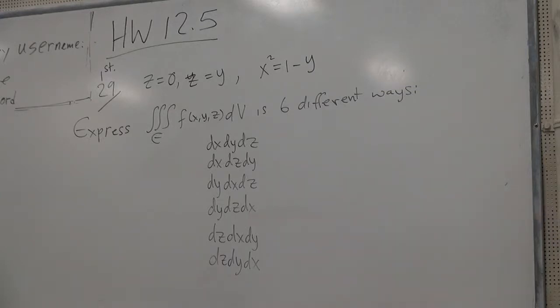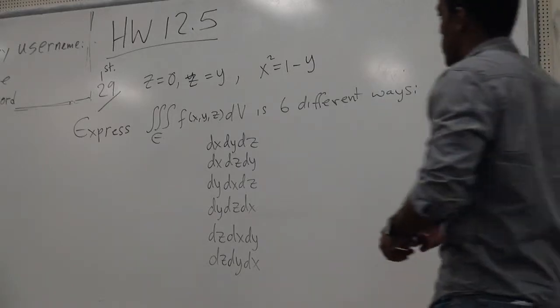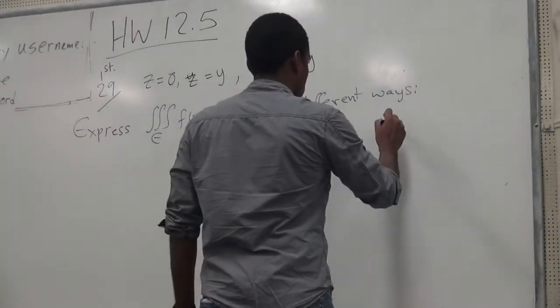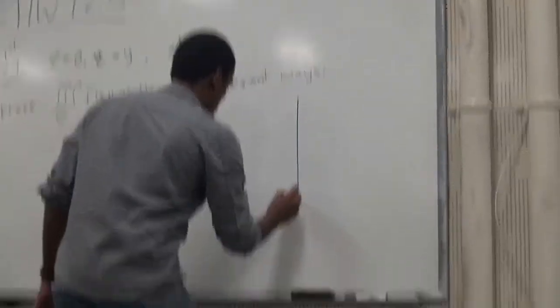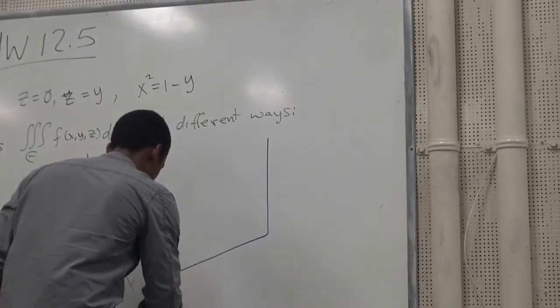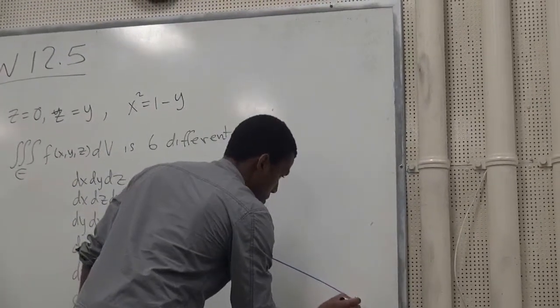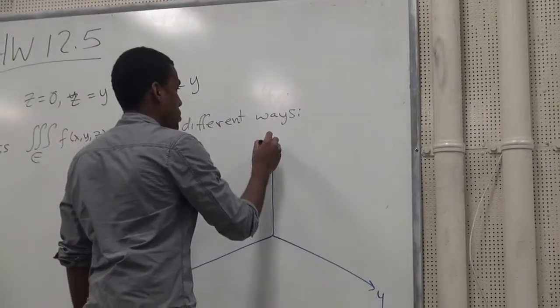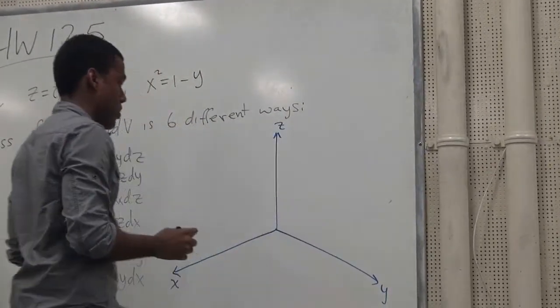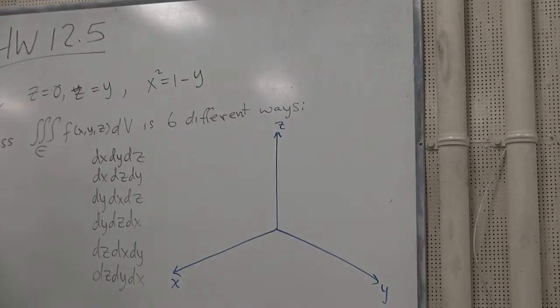So first, let's actually graph our region to see what it looks like. Can we actually draw that? So our y is 1 minus x squared.